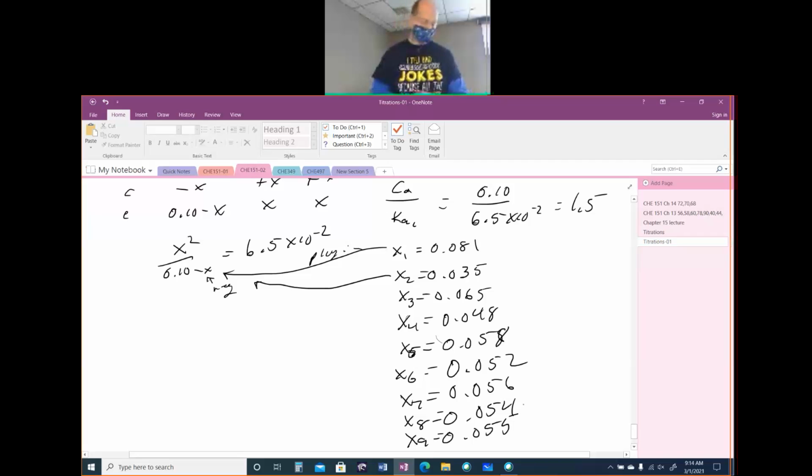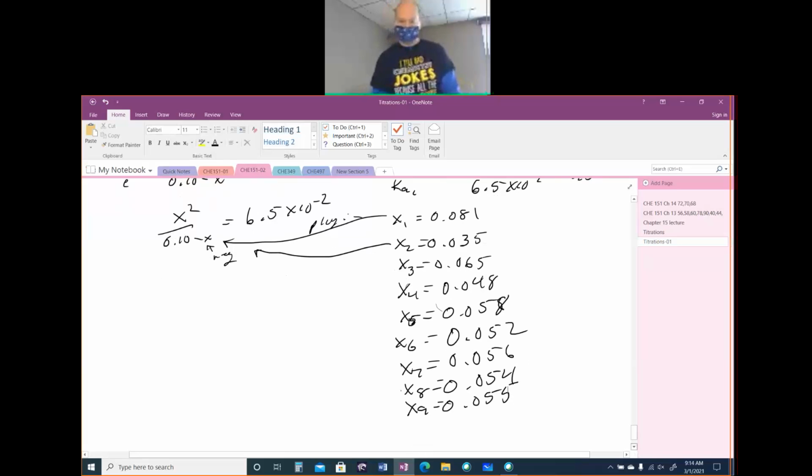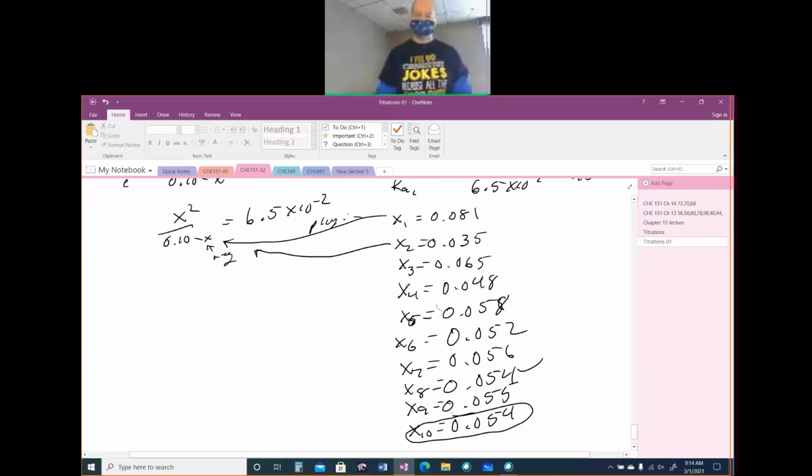Plug that in, 0.054. And now we have the same number that we got 2 times, and that is then our answer. We had 0.054, so 0.054 is our answer for X.